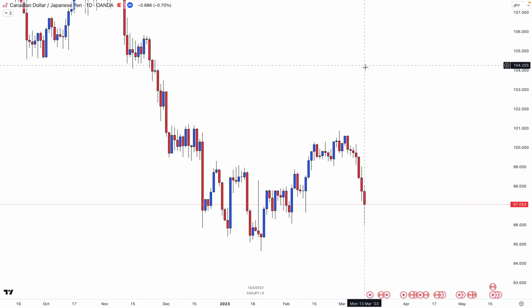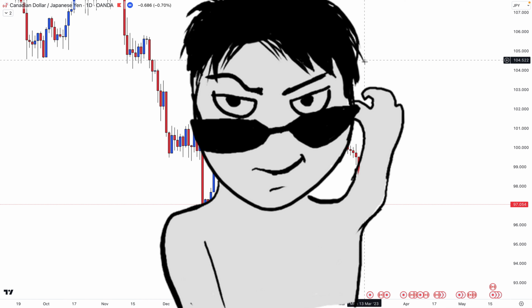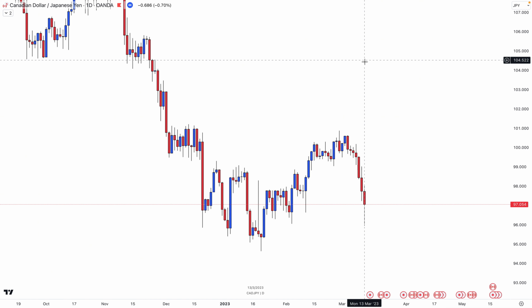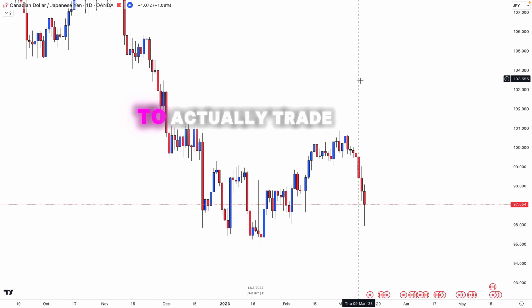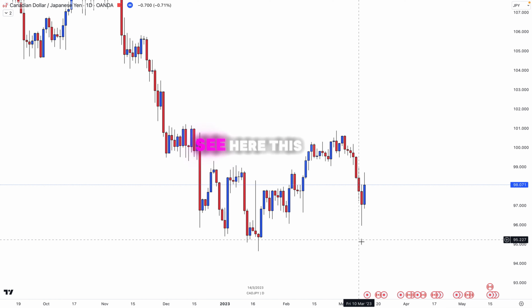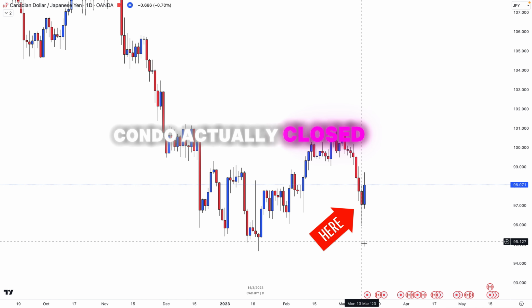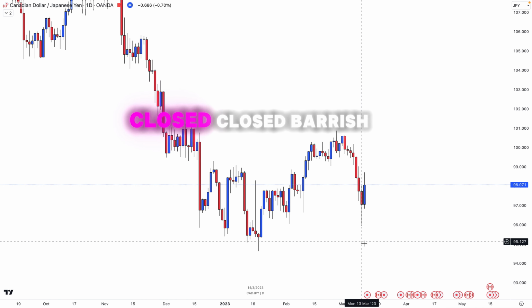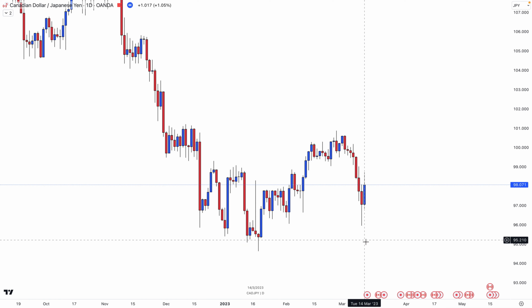So let's see if Tuesday 14th March, let's see if this candle will close bullish for us to trade on Tuesday. You can see this candle actually closed bearish, so we'll not be trading on Tuesday 14th March.